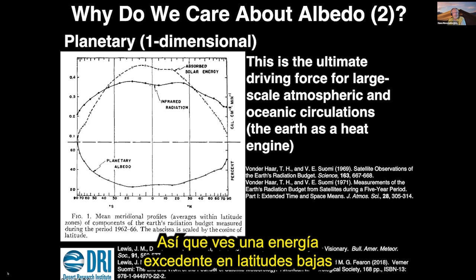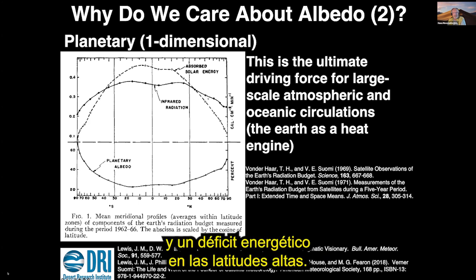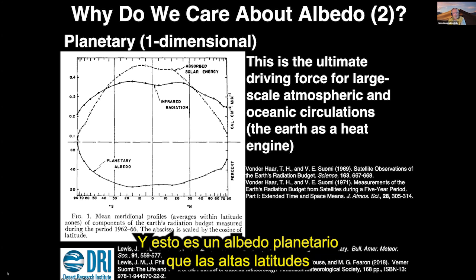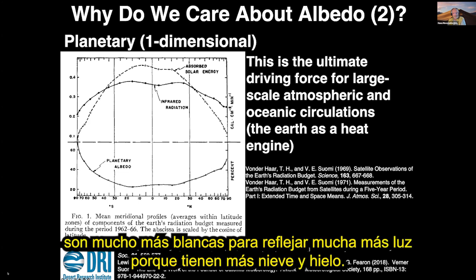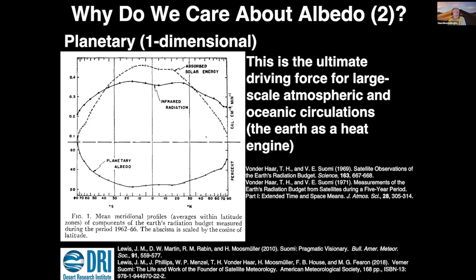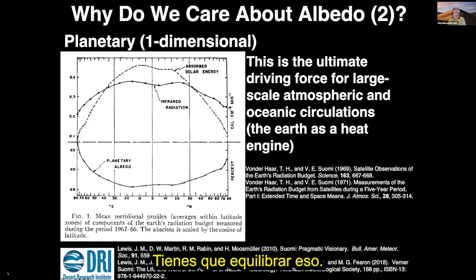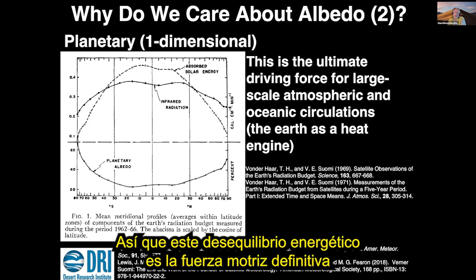So you see an energy surplus in the low latitudes and an energy deficit in the high latitudes. Of course, you can't have that. And you see the planetary albedo, that the high latitudes are much whiter, reflect much more light because they have more snow and ice. And so you can't have a deficit or a surplus forever. You've got to balance that.